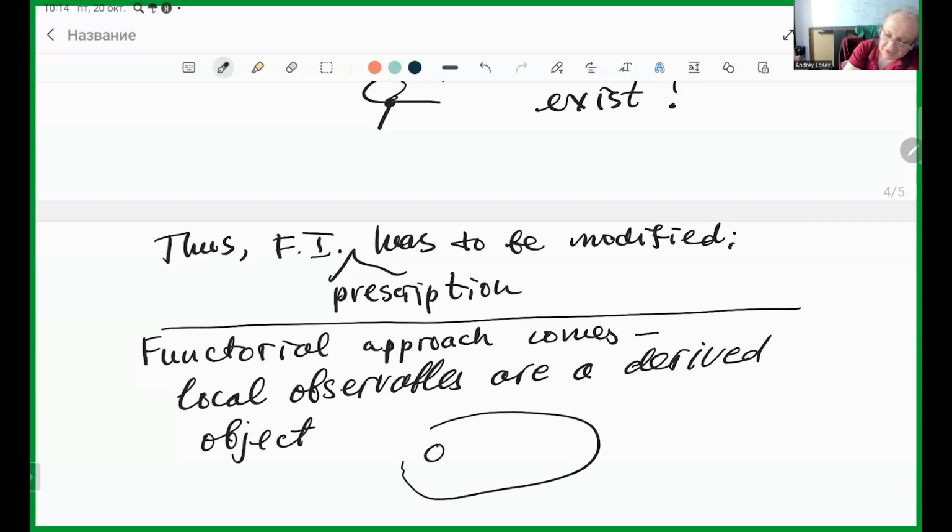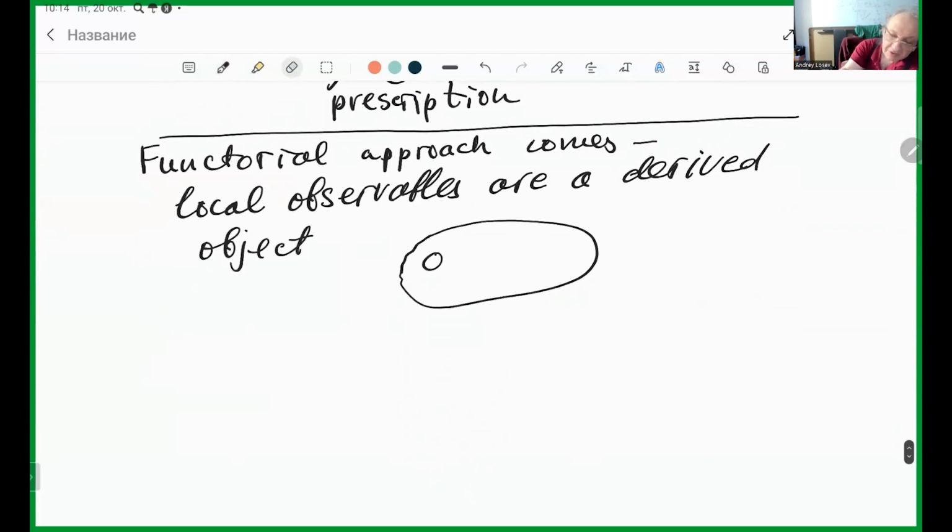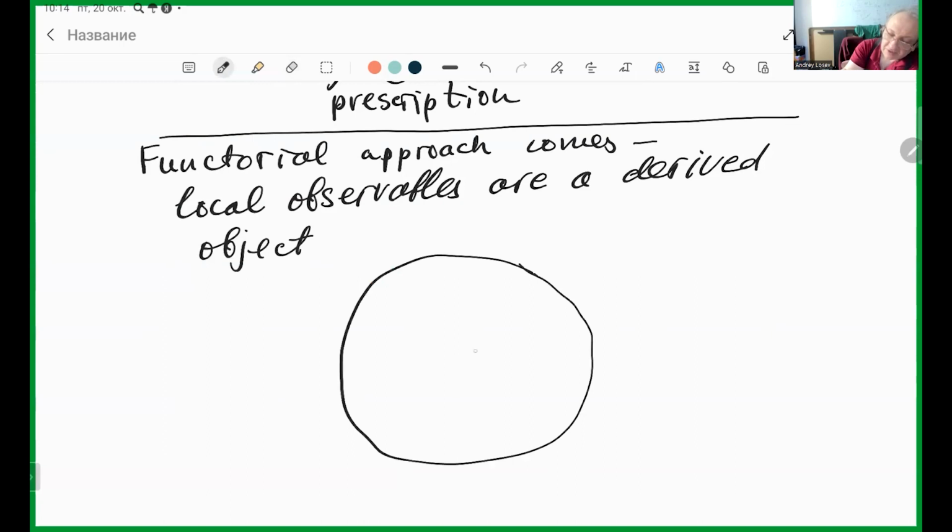I gave this definition, but I will repeat it. I'm sorry, I think I need to have more space. Consider a disk and another disk. Let this be R2 and let this be R1.